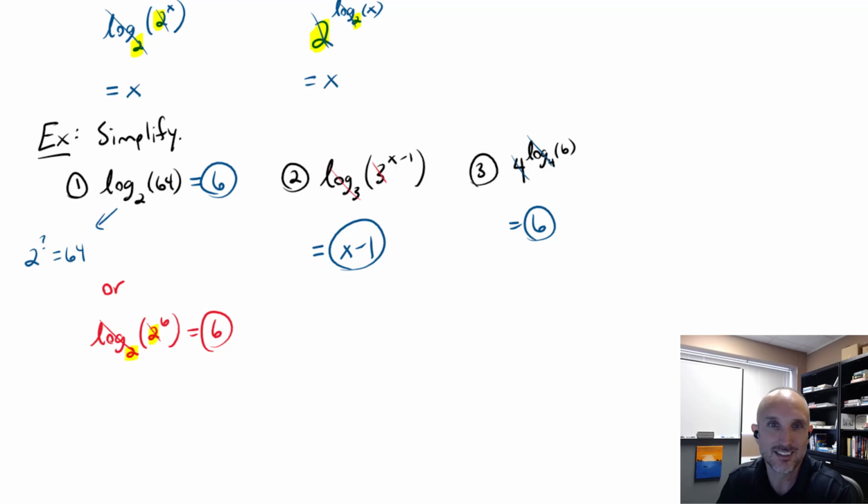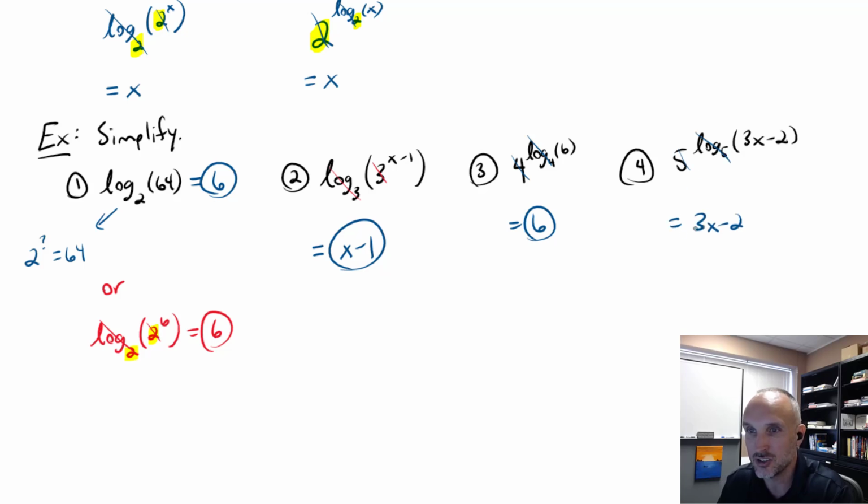See how fun this is? And last, if we have 5 to the power of log base 5 of 3x minus 2, again, because the bases match, we get cancellation, leaving behind just 3x minus 2.